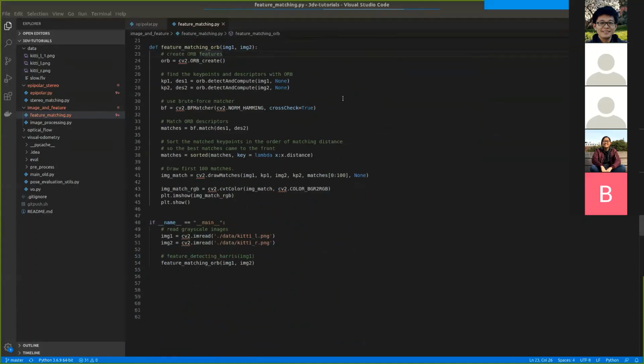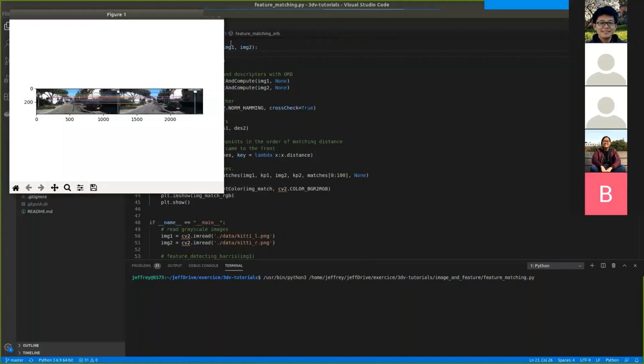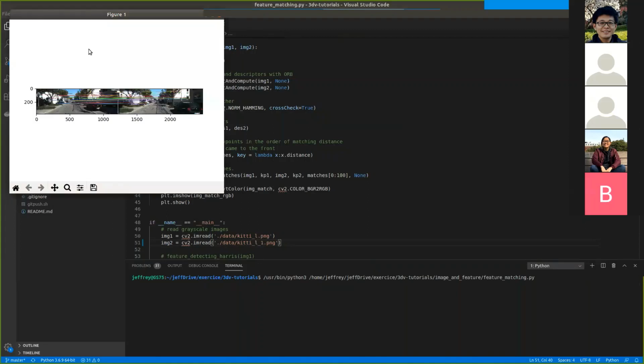If you run this script, OpenCV has some built-in methods that let you draw the correspondences directly, which gives us a better visualization experience, shown here.